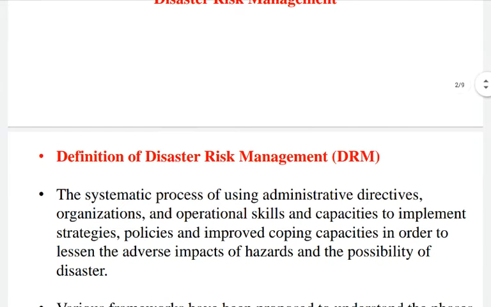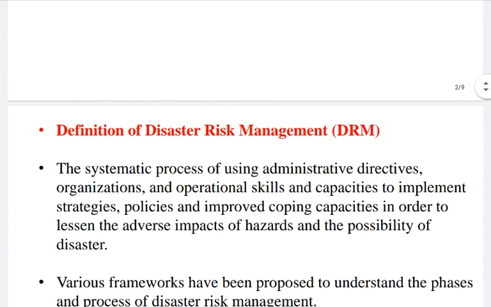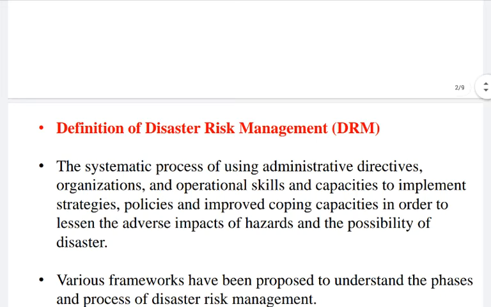Moving to the definition of disaster risk management, it is a systematic process of using administrative directives, organization and operations, skills and capacities to implement strategies, policies, and improved coping capacities in order to lessen the adverse impacts of hazard and the possibility of disaster.